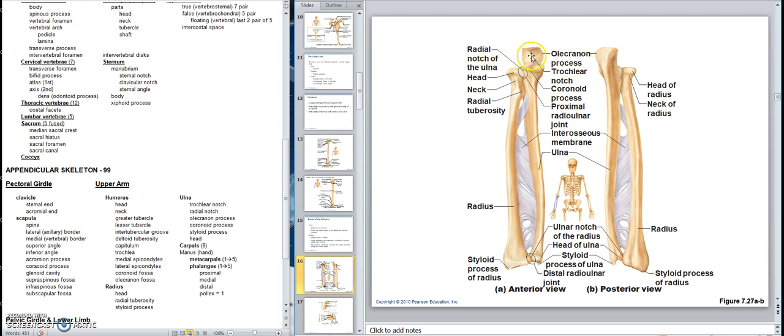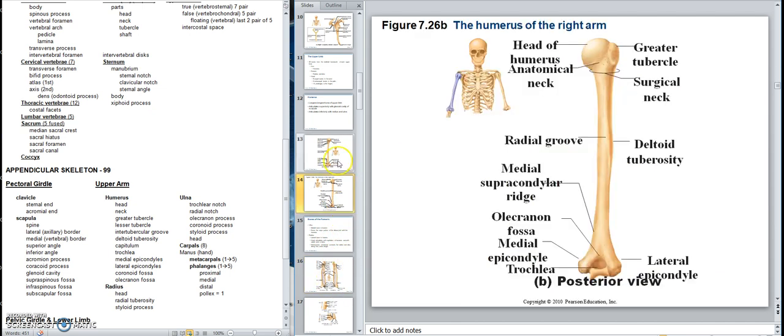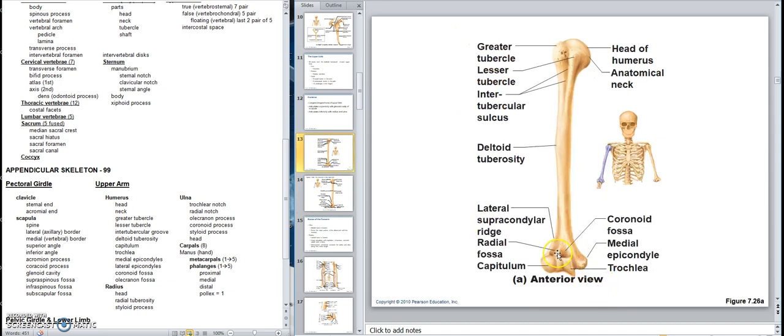You could almost hang your keys on it. Okay? See, there's the coronoid process. So when you extend your arm, it tucks away on this side into that. See that coronoid fossa right there. So the processes tuck into the fossa. What did I just say? The processes tuck into the fossa.